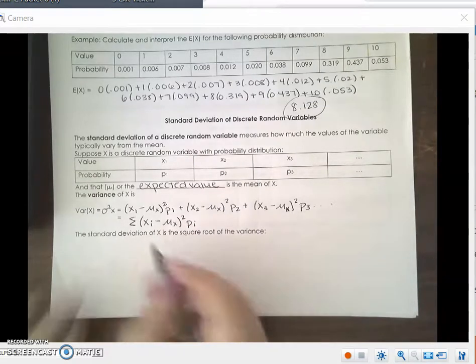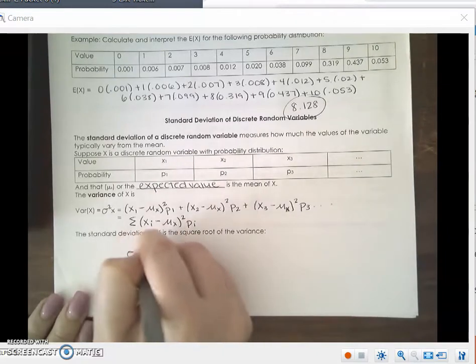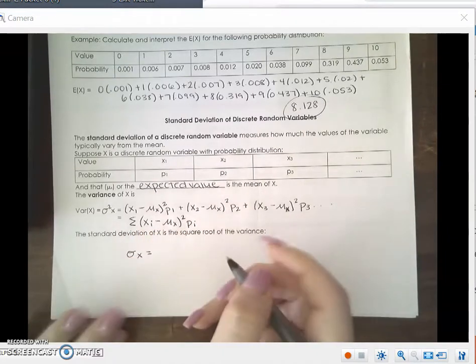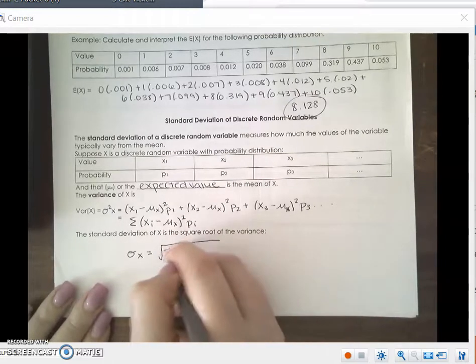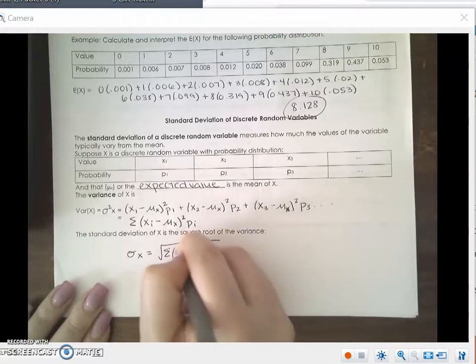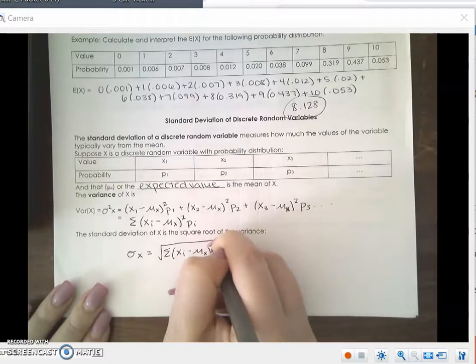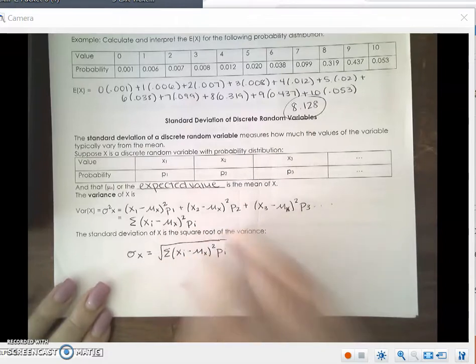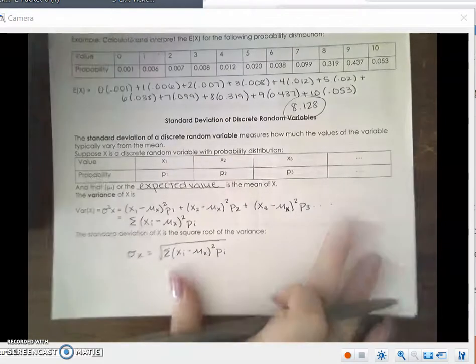So standard deviation, or sigma of x, is equal to the square root of the sum of your value minus your expected value squared times its probability. And we're going to go through an example of this so you can see it in action. So go ahead and flip your page.